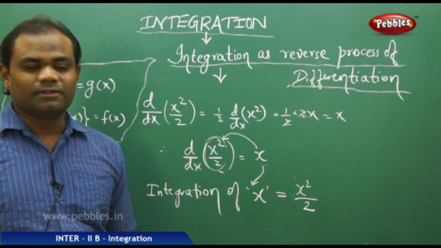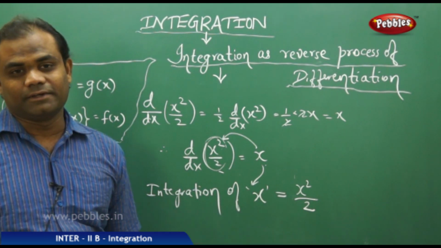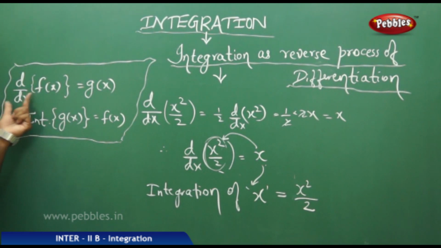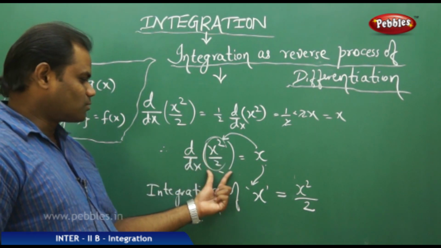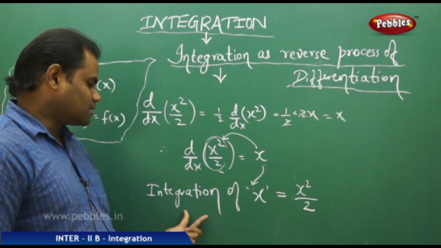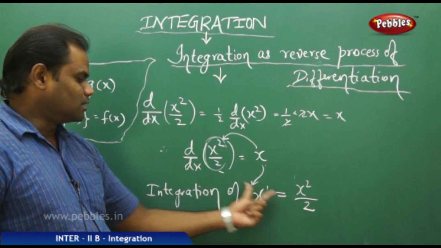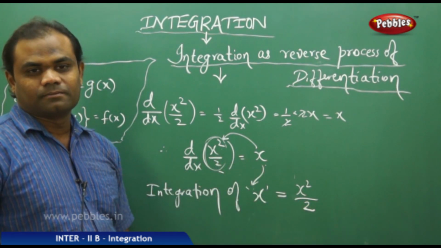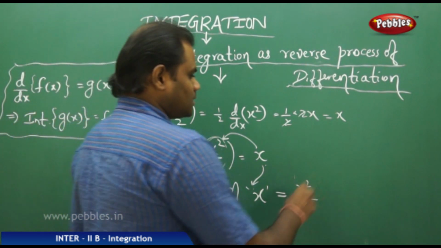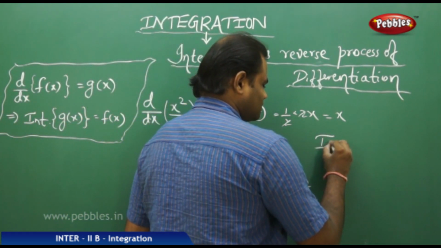Integration is the reverse process of derivation. That is, d by dx of f of x is g of x implies integration of g of x is f of x. Therefore, d by dx of x squared by 2 is x implies integration of x is x squared by 2. Integration is anti-differentiation.